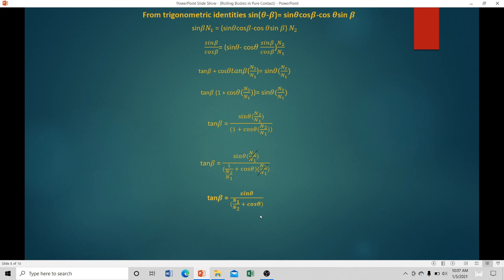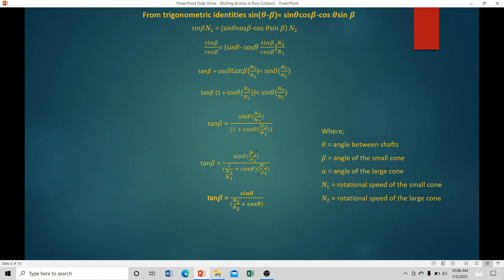So if we use the angle alpha, where theta is the angle between the shafts, beta is the angle of the small cone, alpha is the angle of the large cone, n1 is the rotational speed of the small cone, and n2 is the rotational speed of the large cone.